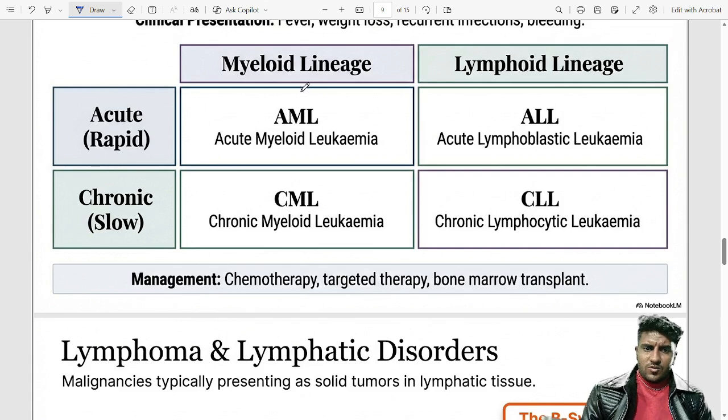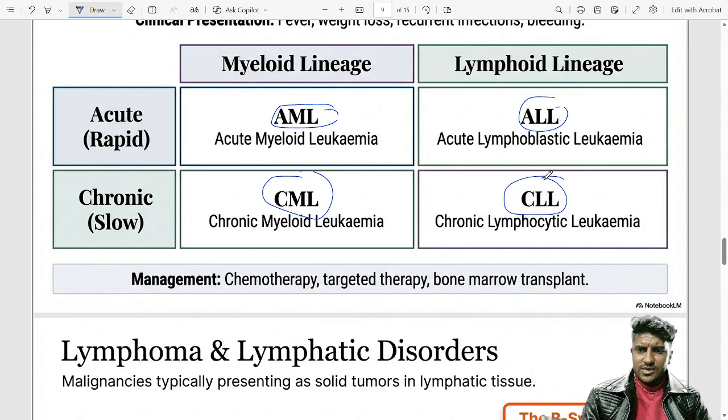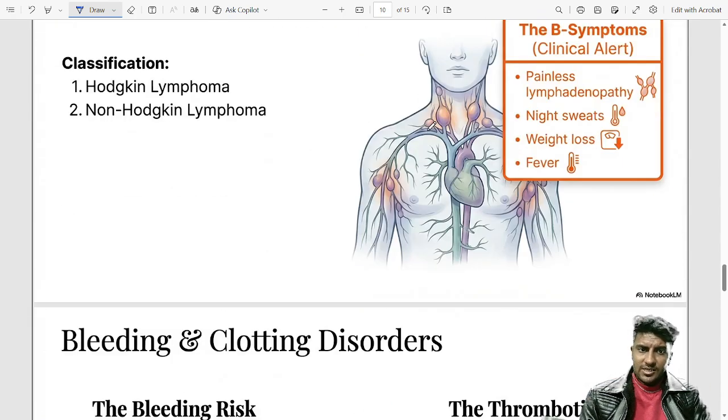All right. So acute myeloid leukemia, chronic myeloid leukemia, acute lymphocytic leukemia, chronic lymphocytic leukemia. So the acute one is rapid, but lesser severity. Chronic is slow but highly severe. So in this case, either the bone marrow transplant or the targeted therapy works, like imatinib and all that acts on the tyrosine kinase.